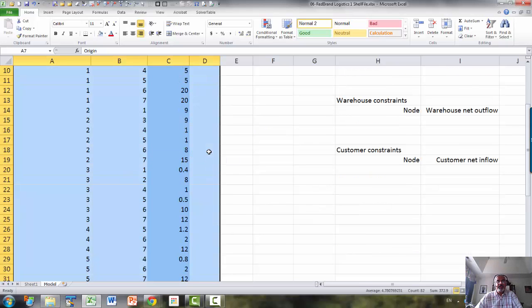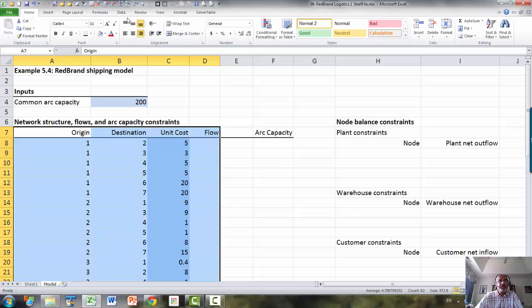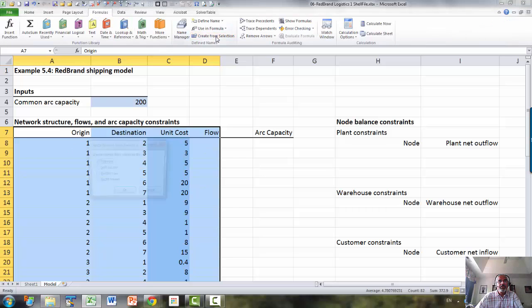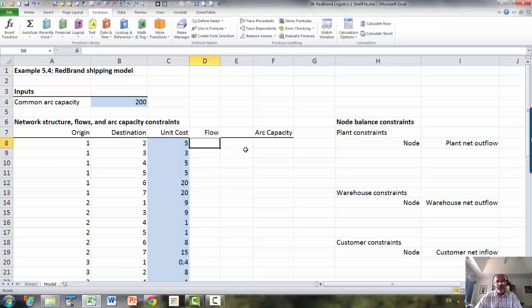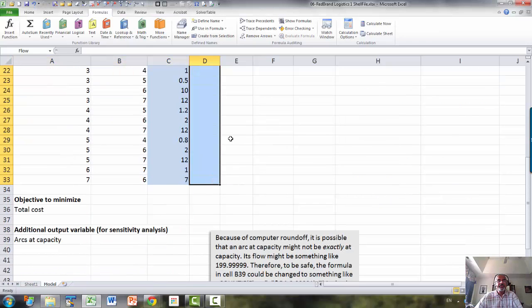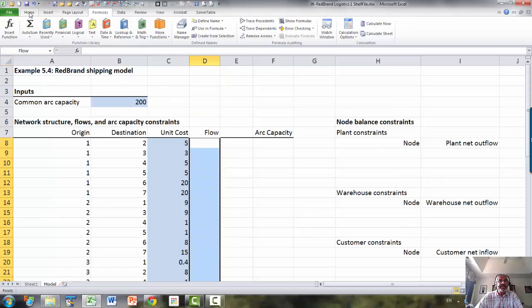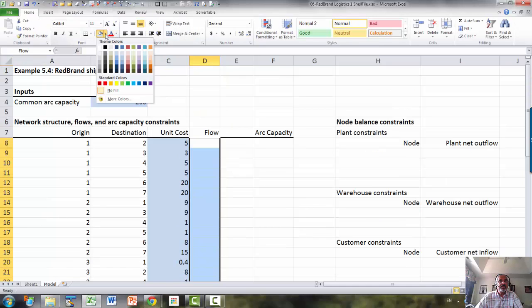And let's give names to these 4 columns. Okay. And flow is of course the changing cells. Let's color code that like that.